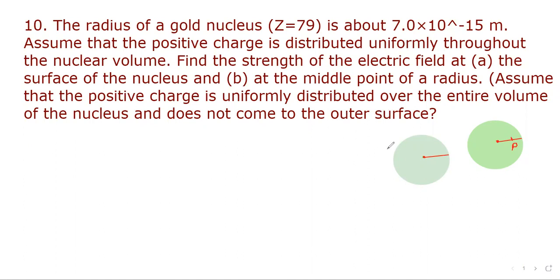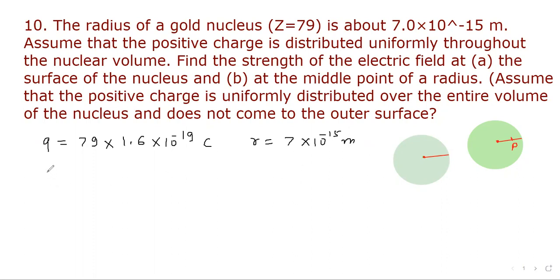Now, total charge inside the sphere Q equal to 79, here atomic number is 79, times protonic charge 1.6 into 10 to the power minus 19 coulomb, and radius is given as 7 into 10 to the power minus 15 meter.